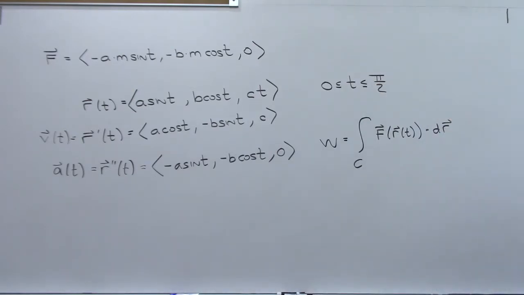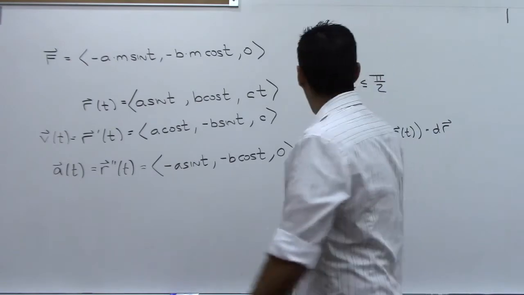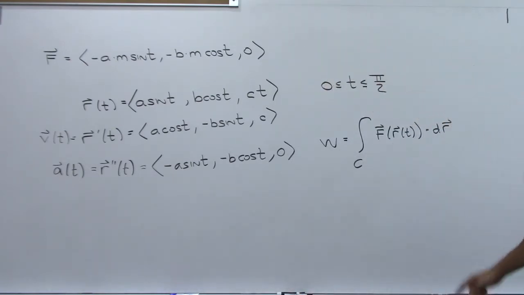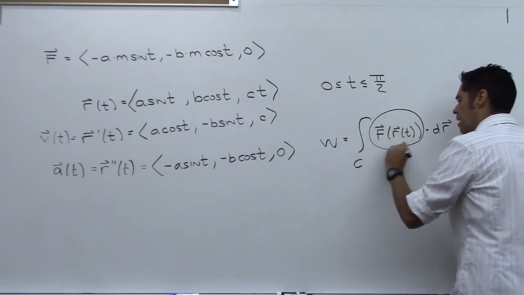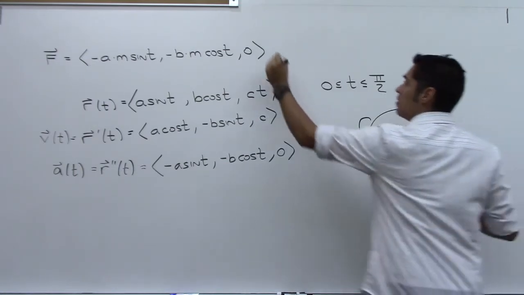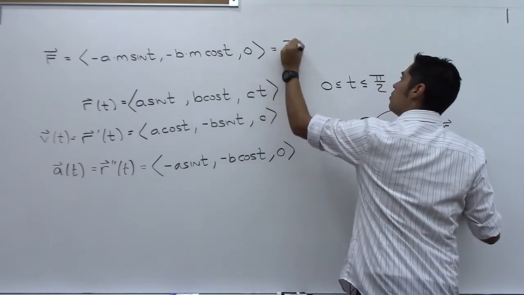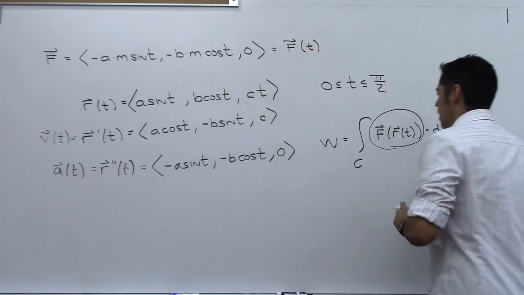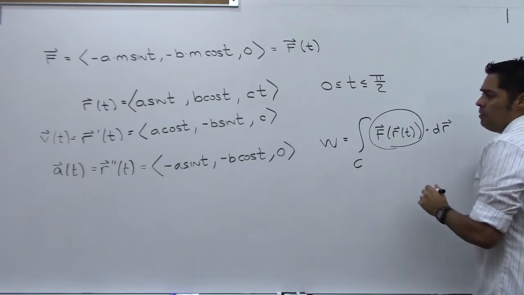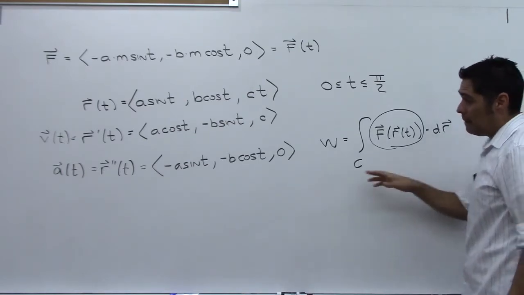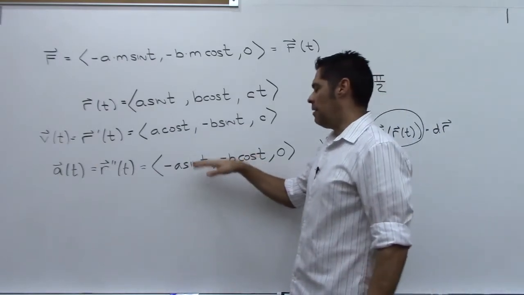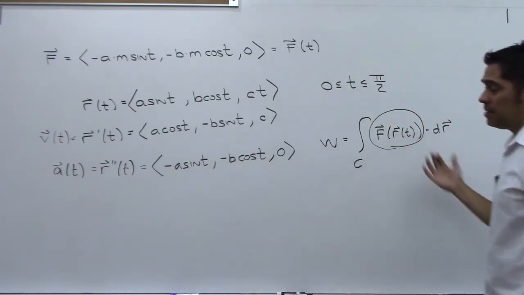I don't need to plug r of t into it, because this entire thing, as you can see up here, is now a function of t. The way we got it was using the fact that the field would be mass times acceleration.